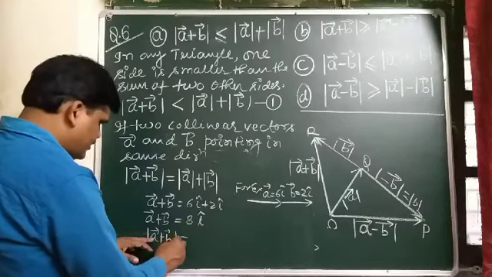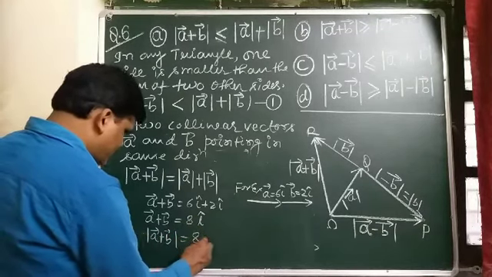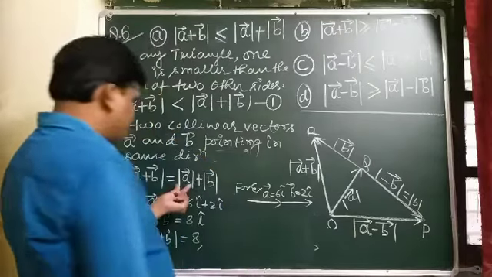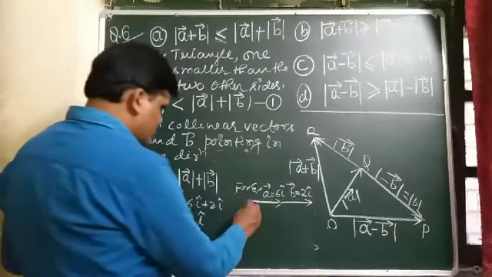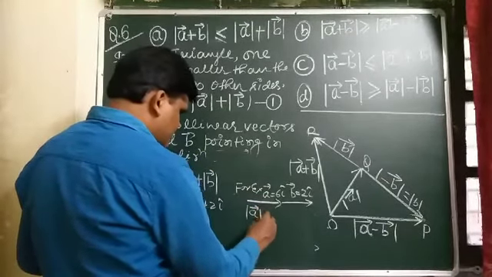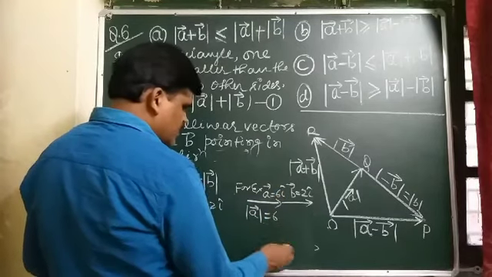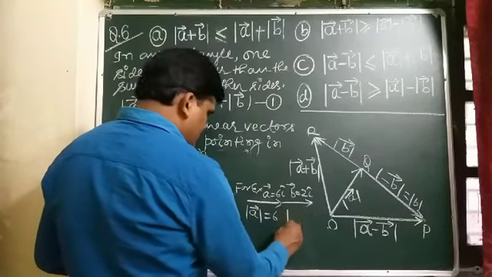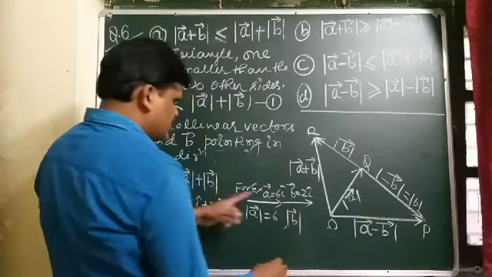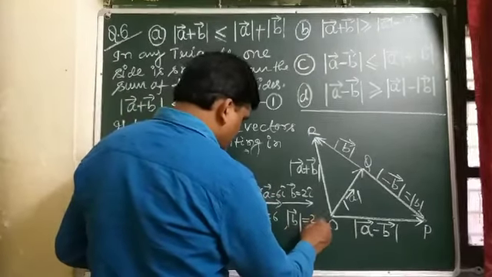So mod vector A plus B comes out to be 8. Now student, we have to find mod vector A, which comes out to be 6, and mod vector B, which is 2.